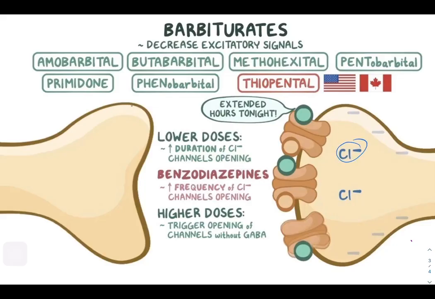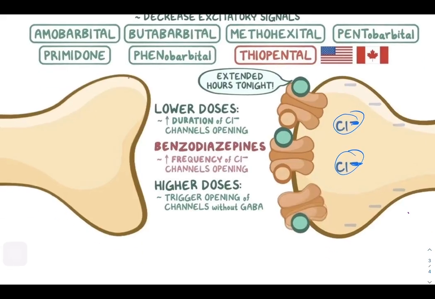Chloride ion is negative. So this type of ion would cause a situation called hyperpolarization. That means it's negative, not positive. When your cells are resting, they are usually at negative.